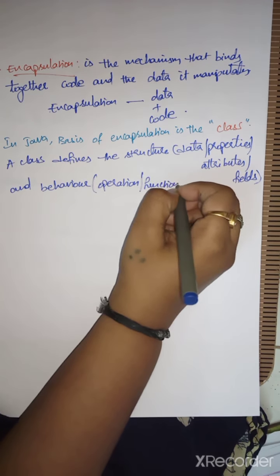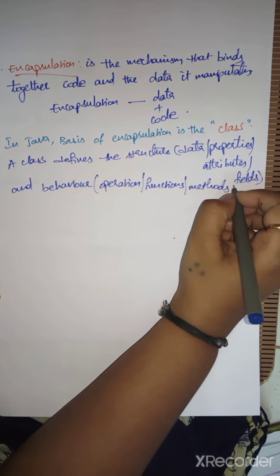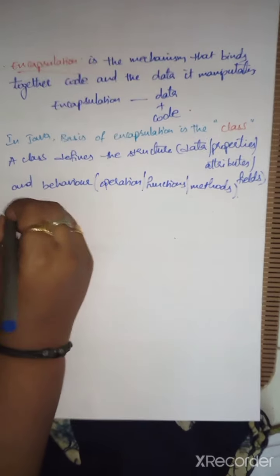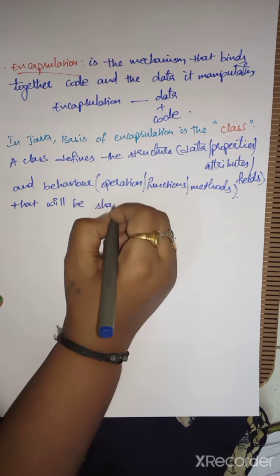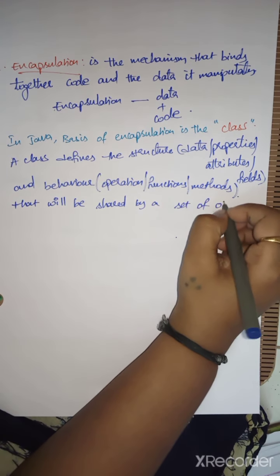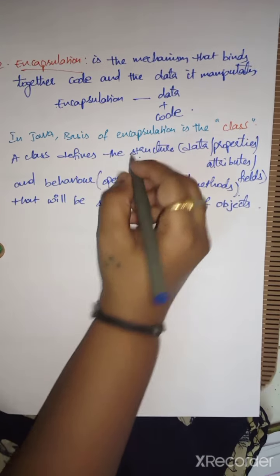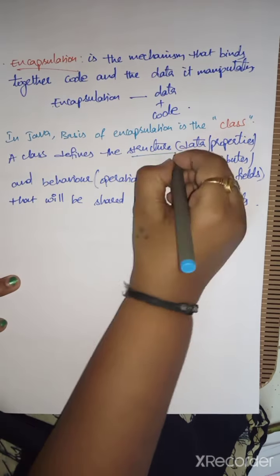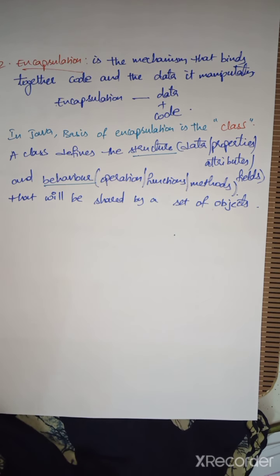Behavior here means those operations. You can call them functions, and usually in Java you name them methods. That will be shared by a set of objects. That means a class defines the structure and behavior that will be shared by a set of objects.